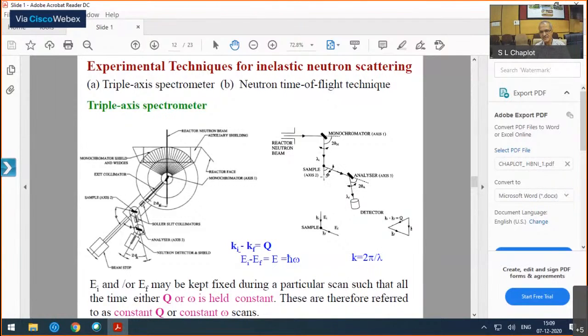And this has a flexibility of going at any angle in the plane. And so there is another analyzer crystal. And once again, from the Bragg angle of the analyzer crystal, one can find out what is the wavelength of these neutrons which are scattered from the sample. And then you have a detector.